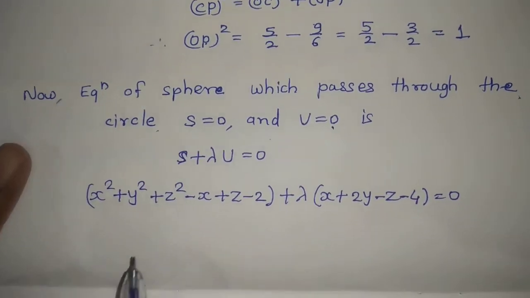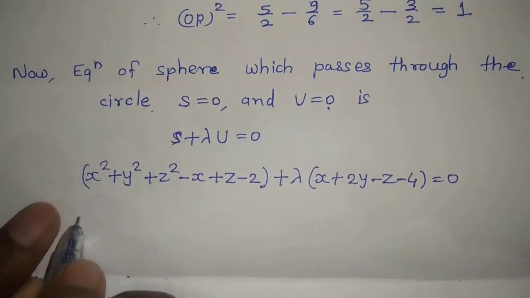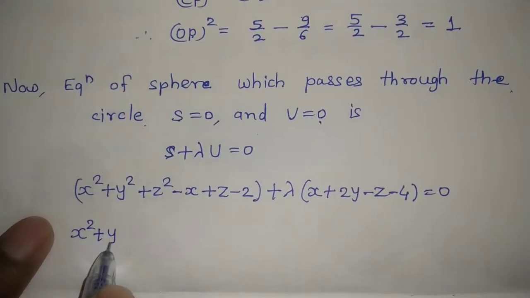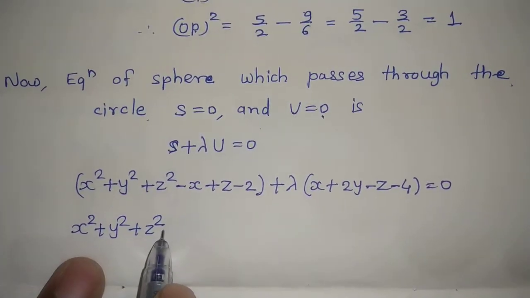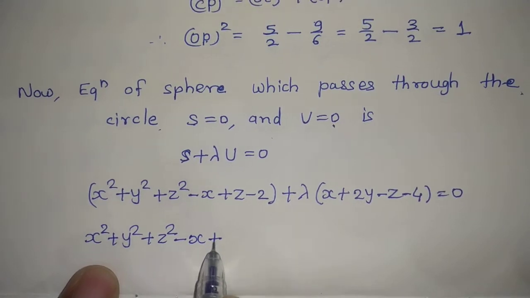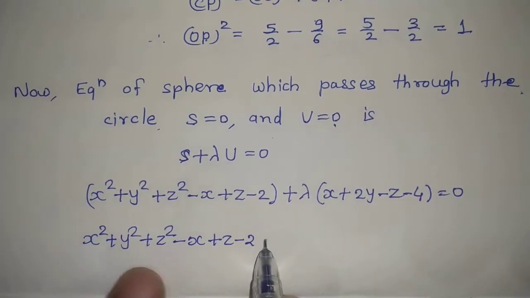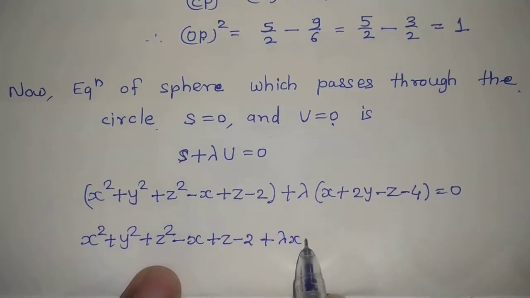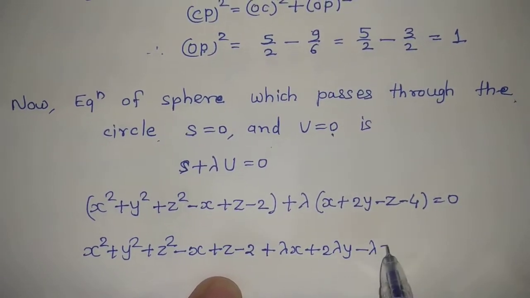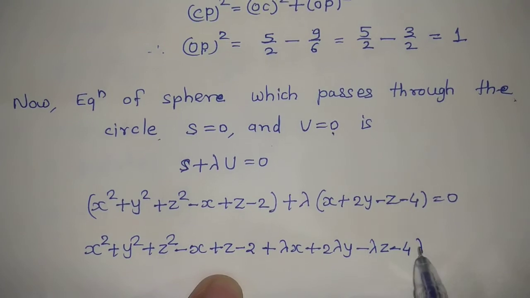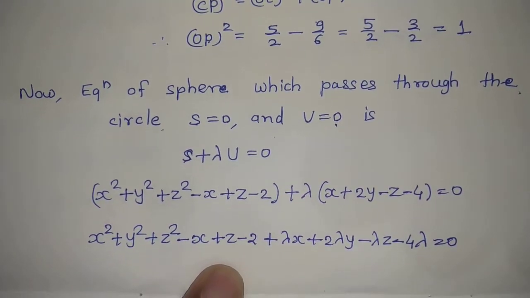Now let us determine the center of this sphere. So simplify this: x square plus y square plus z square minus x plus z minus 2 plus lambda x plus 2 lambda y minus lambda z minus 4 lambda is equal to 0.